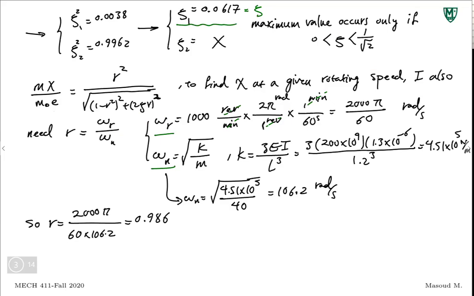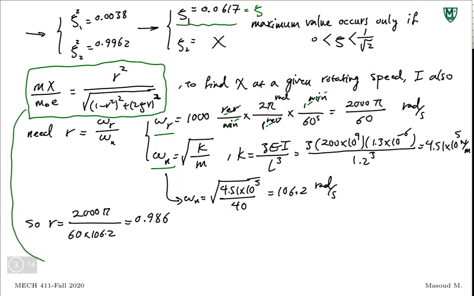All right, so now we can go back to what we were doing here, right? This equation there, I found zeta. Now if I have R from my system, I can use that to find X. Remember, X is the amplitude of the steady state response. X would be m naught E over m times R squared, over the square root of 1 minus R squared, squared, plus 2 zeta R squared.